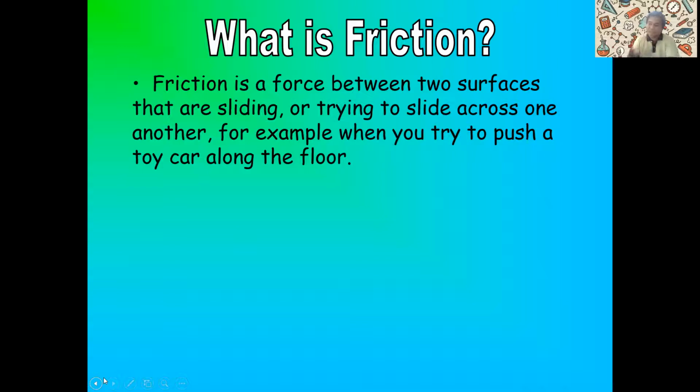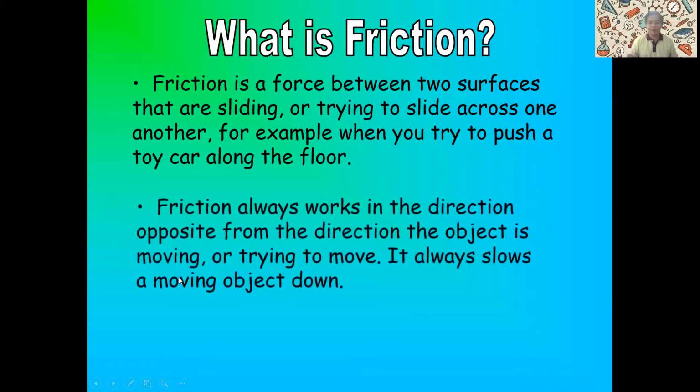However, if the toy car is sliding on the floor, shouldn't it never stop? Do you understand what I'm trying to say? Why does a toy car stop when it is sliding across a floor? It's because there is an opposite force on the toy car. And that is what we call friction. Okay, I hope you understand now what friction is.